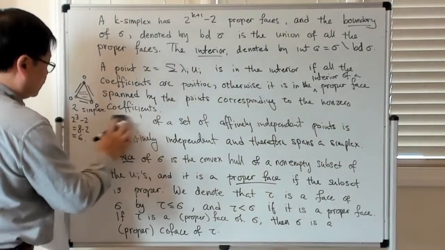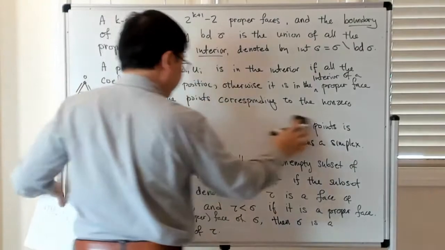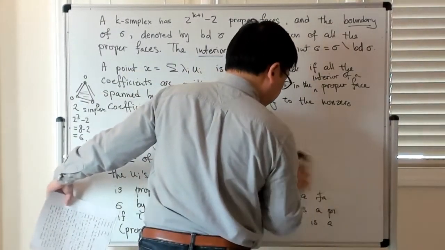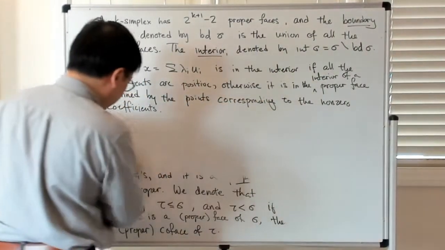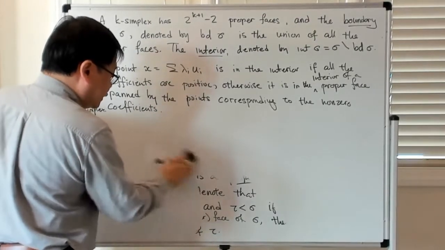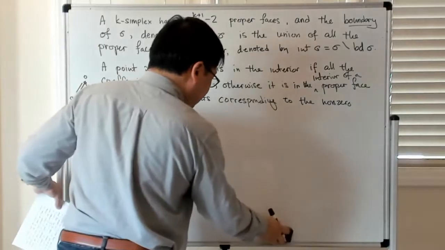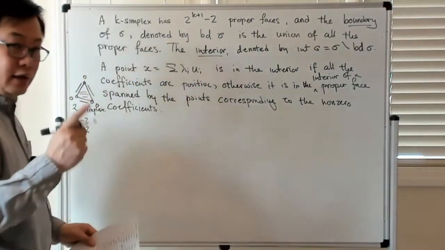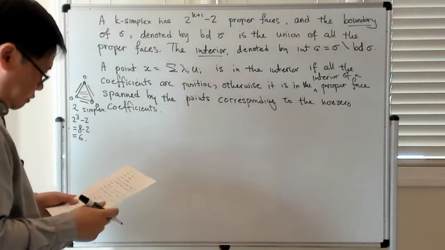You can convince yourself that this observation immediately implies that any point in a K-simplex is in the interior of exactly one of the faces.